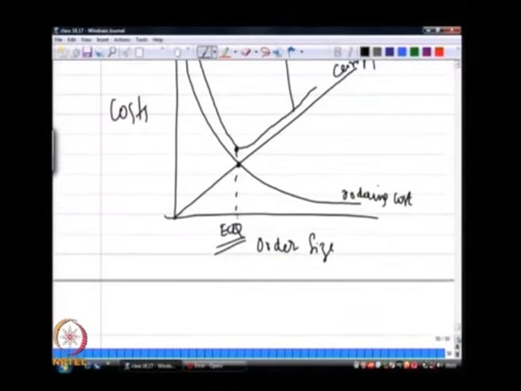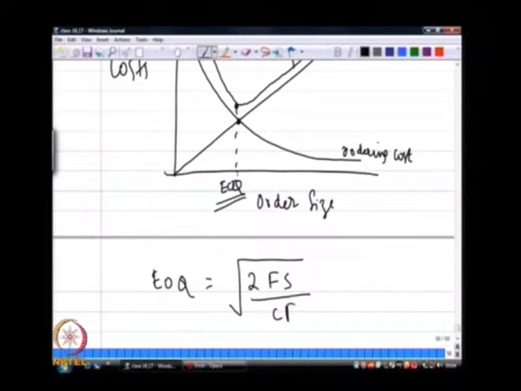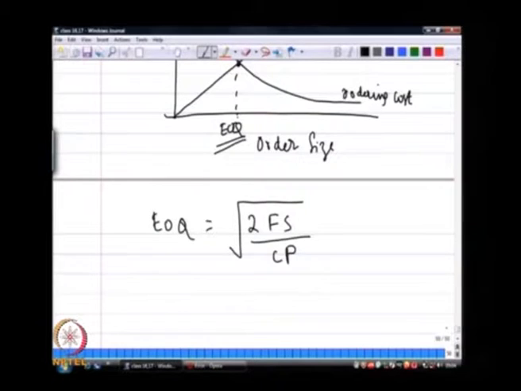quantity. And we related the economic order quantity with a formula, which is EOQ equals the square root of 2FS by CP, where EOQ is the economic order quantity, F is the fixed cost of ordering, placing and receiving the inventory, S is the annual sales, C is the annual carrying cost, which in our example was represented as a percentage of the average inventory value, and P is the purchase price that the firm pays per unit of the inventory.